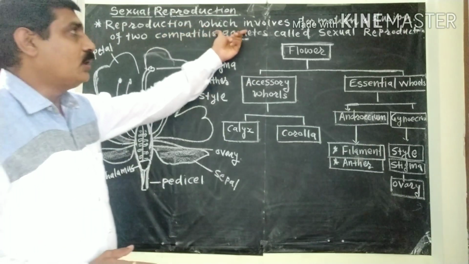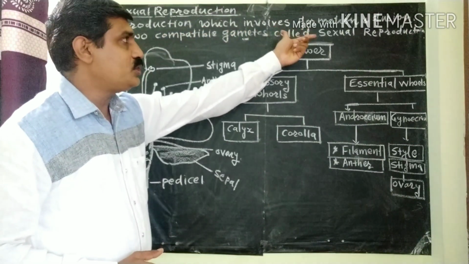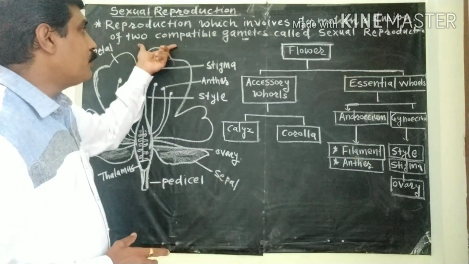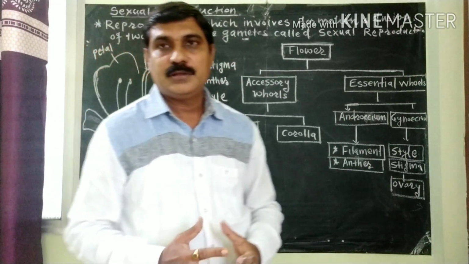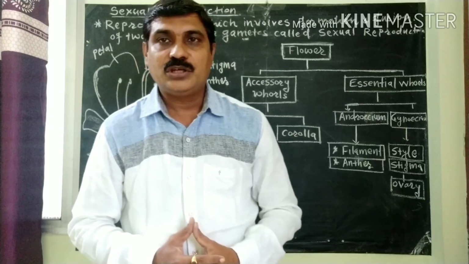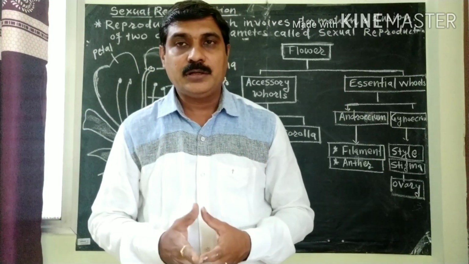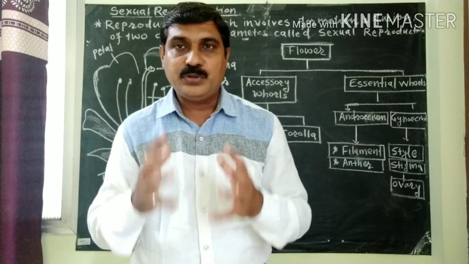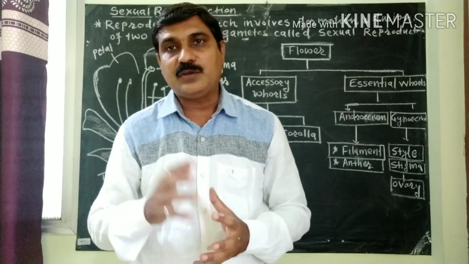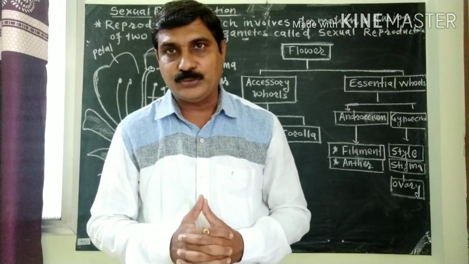Reproduction which involves the formation and fusion of two compatible gametes is called sexual reproduction. In this reproduction, two compatible gametes, that is a male gamete and a female gamete, are produced, and fusion of these gametes takes place and forms a diploid zygote.